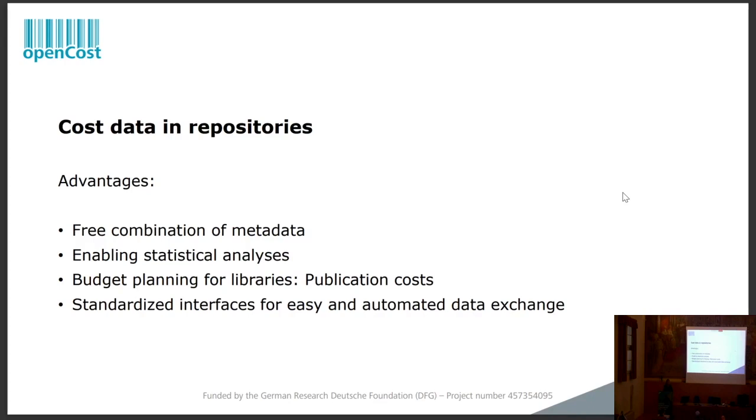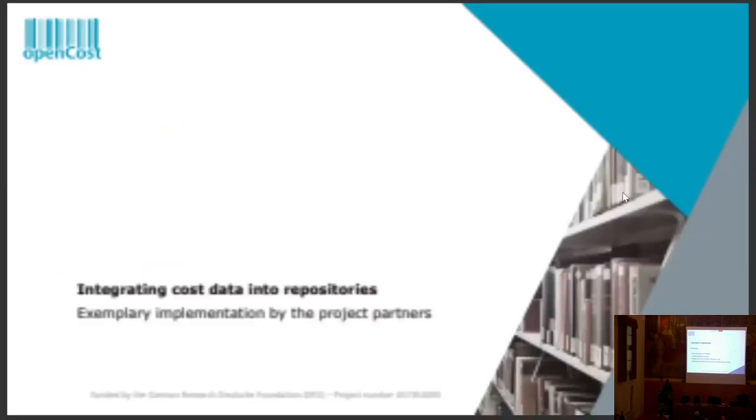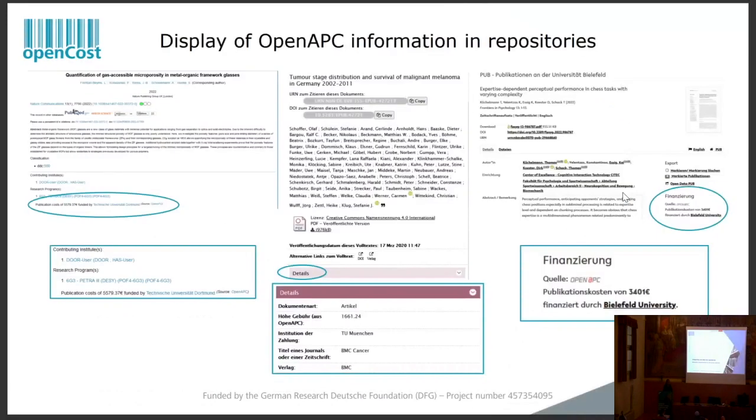And there we have all these advantages of repositories to be interoperable and so on. But in principle, you can also add this information in CRIS systems as well. So I just want to show you the first results of our project. The first results is how we have implemented the open cost data, or the cost data, in our repositories.